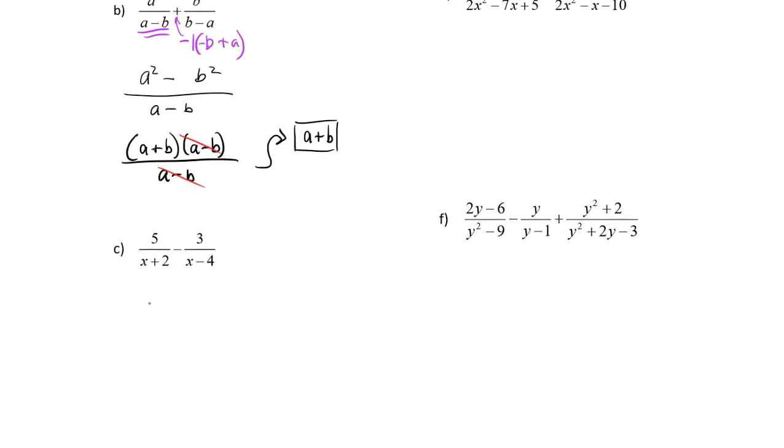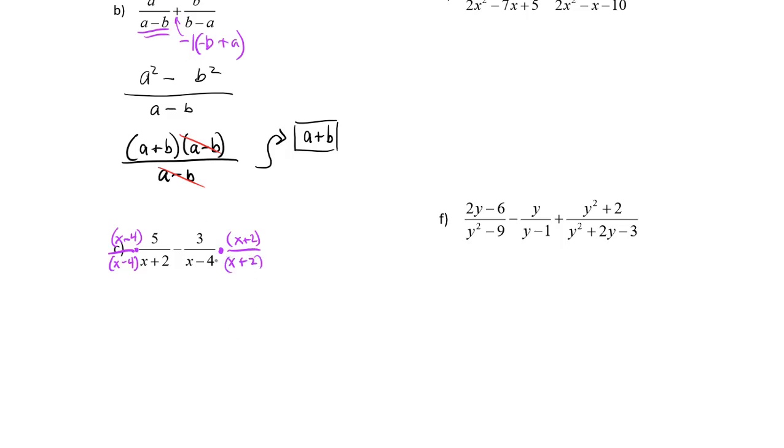Let's take a look at C here. We have 5 over x plus 2 minus 3 over x minus 4. The denominators do not match at all, so I'm going to build the first one up by x minus 4 over x minus 4 as a multiplication fraction equal to 1, and the other one by x plus 2 over x plus 2.